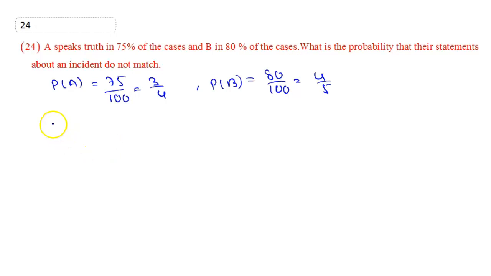So next we can calculate P of A complement, that is nothing but 1 minus P of A. So that is equal to 1 minus 3 by 4, that is equal to 1 by 4.